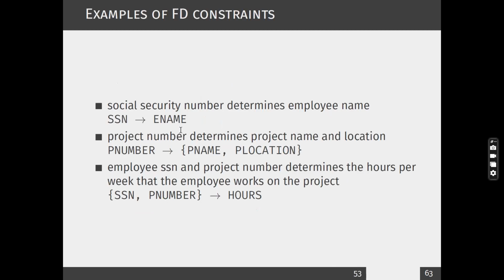Now let's try to understand this idea. When you have a social security number, like an ID number in our case, for a unique ID number you will have a unique name. In other words, using your national ID card number, we can determine a person's name.